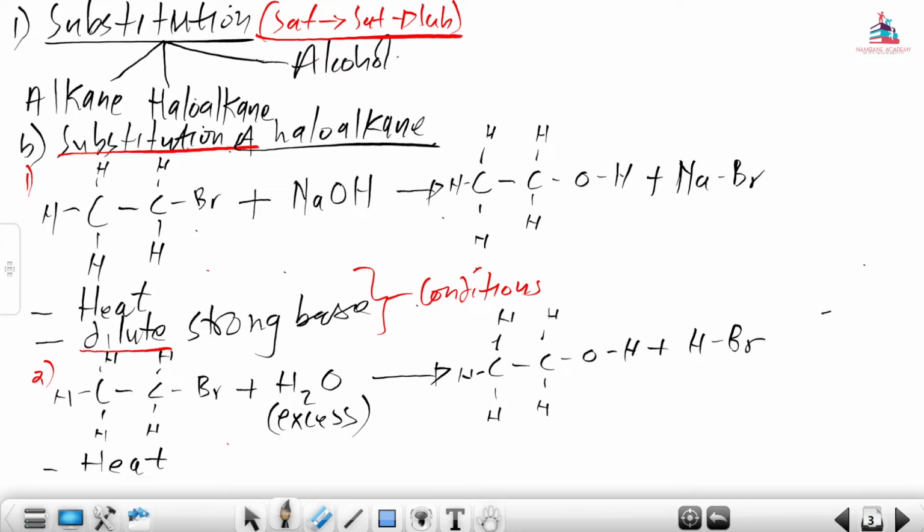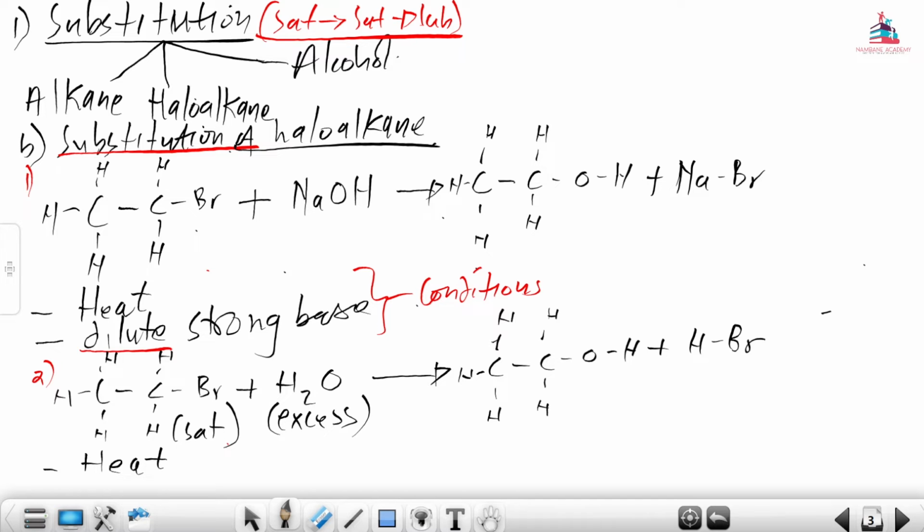So if water is reacting with a saturated organic molecule, that reaction must be substitution reaction. Very, very important. So it does not necessarily mean wherever you see water, then that reaction must be addition reaction.